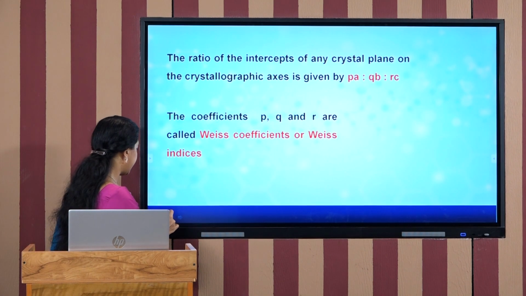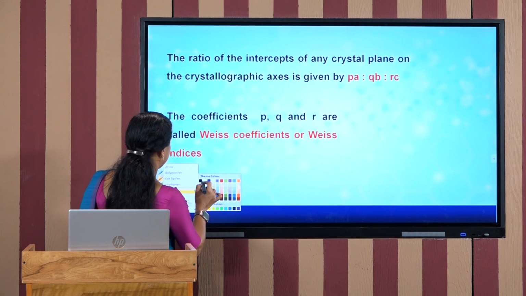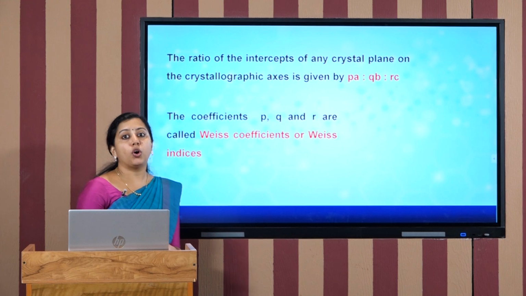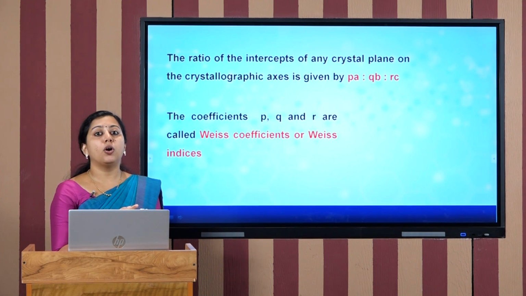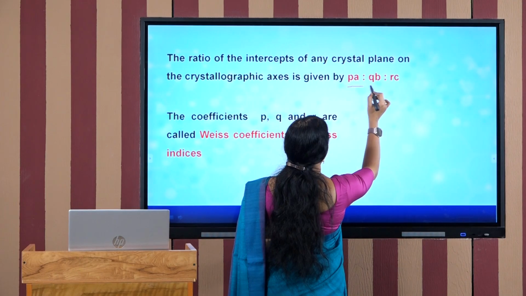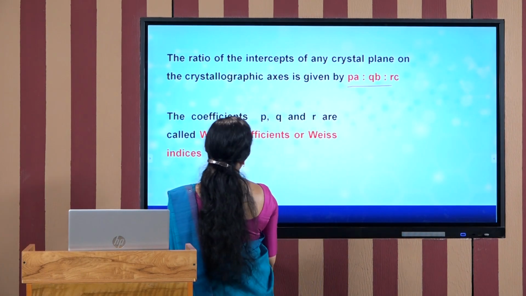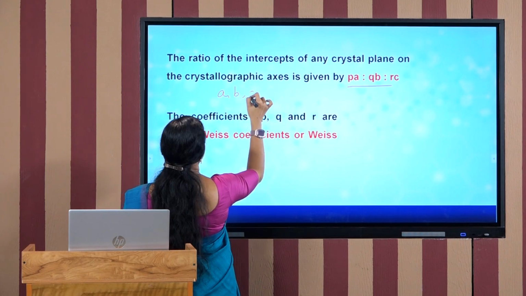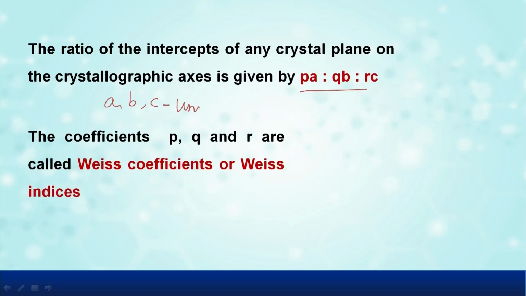And we have seen that the ratio of the intercepts of any crystal plane on the crystallographic axes is given by pa : qb : rc, where a, b and c are the unit intercepts.